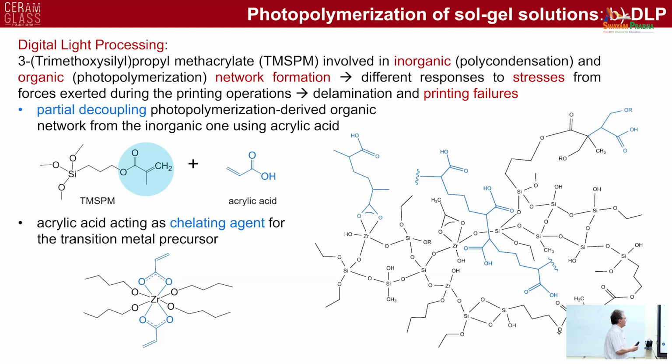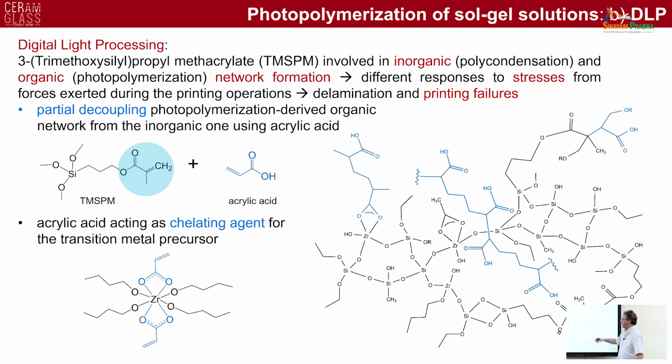So we have a partial decoupling of the photopolymerization derived organic network from the inorganic one using acrylic acid. You can see here the continuous sol gel inorganic network and the organic photopolymerized network coming from the presence of acrylic acid.